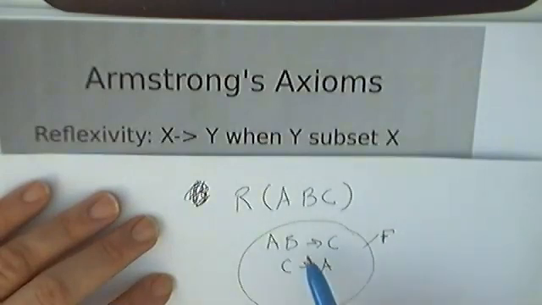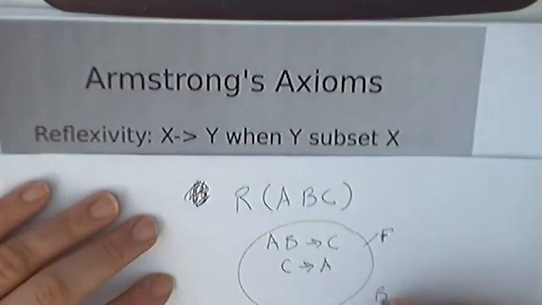If AB goes to C and C goes to A, then transitivity would tell us that AB goes to A, but that's not so interesting. We're going to stick with the non-trivials. Is there anything that would follow from Armstrong's axioms here? Yeah, there is something. That would be something like BC goes to BA.